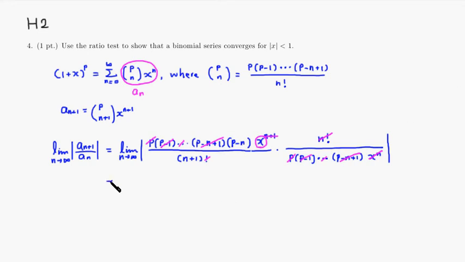So x has nothing to do with the limit in n, so I'm going to pull that out. The absolute value of x is pulled out.